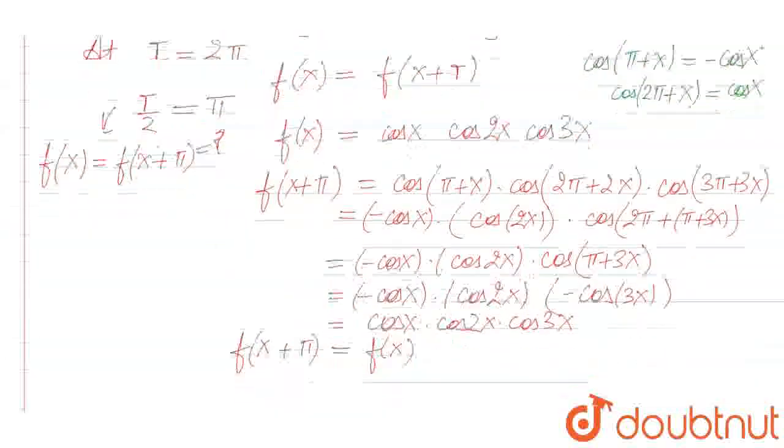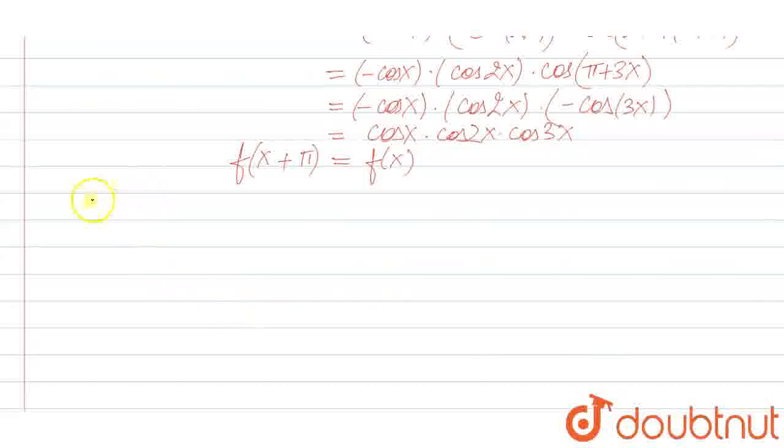Now similarly we have to check at T equal to pi by 2 also. If pi by 2 is a period, then pi would also be a period of the function, but we have to find the fundamental period, so it would be the minimum value. So at pi by 2, that is half of pi, we have to check again.